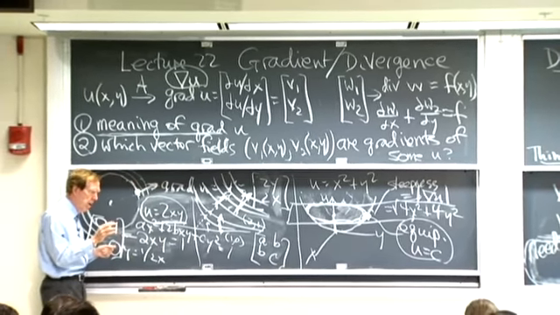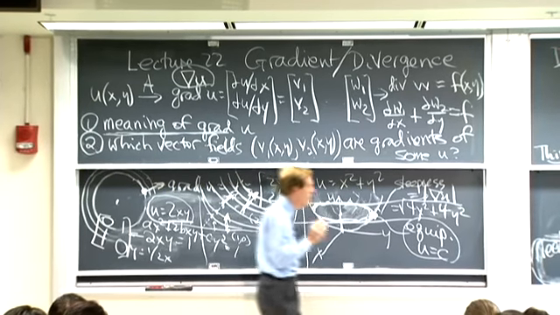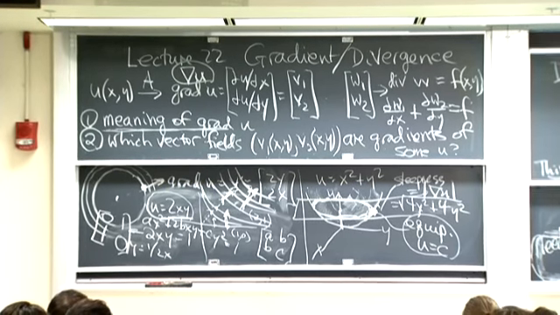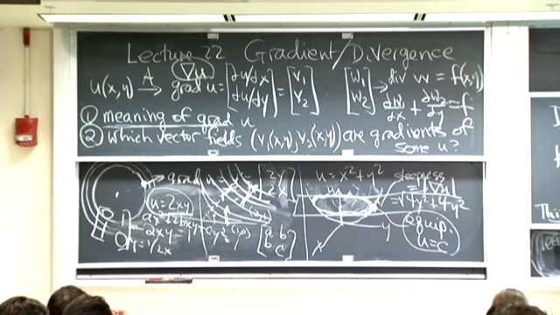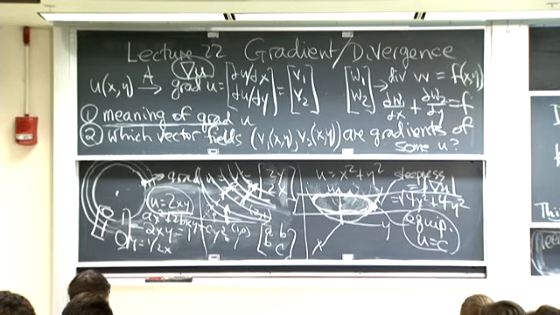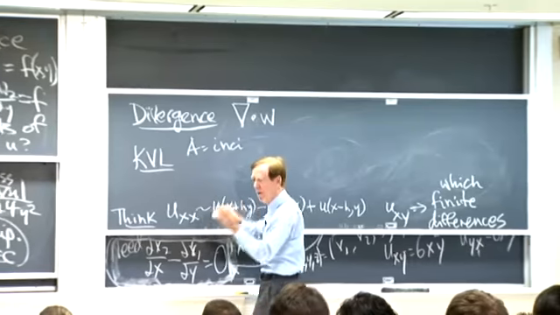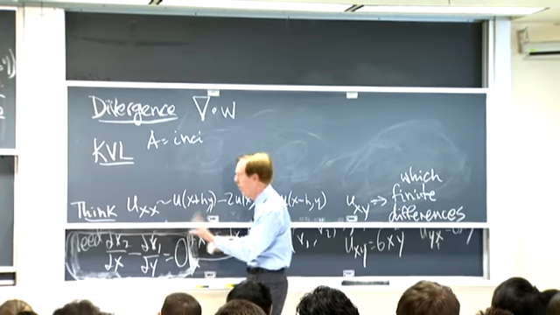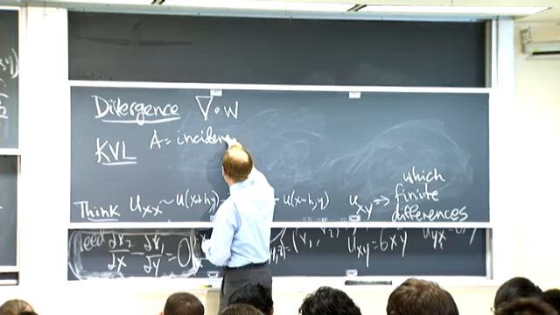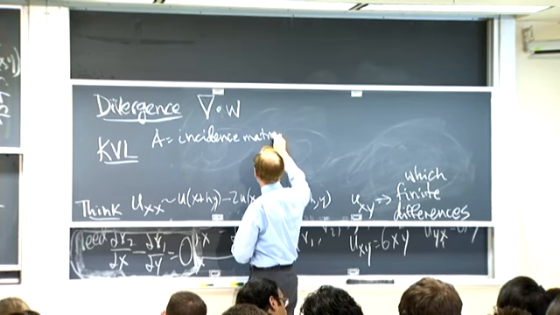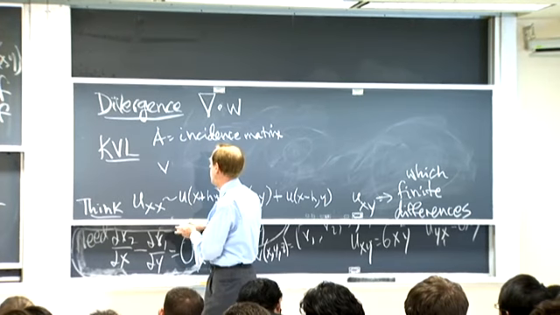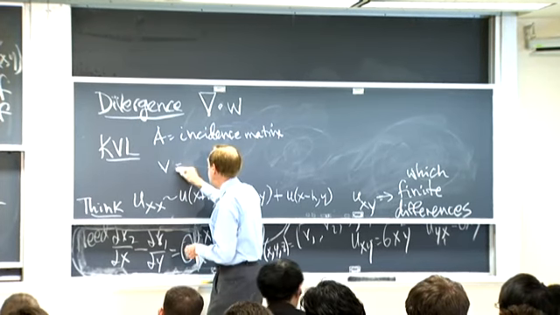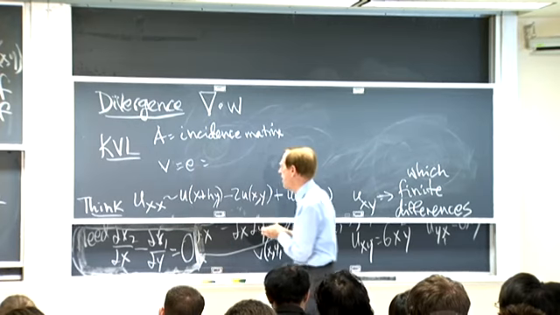So Kirchhoff's voltage law for a graph. A is an incidence matrix. You know, the -1, 1 guys, one for every edge. And let me call it E. I called it E at that time.